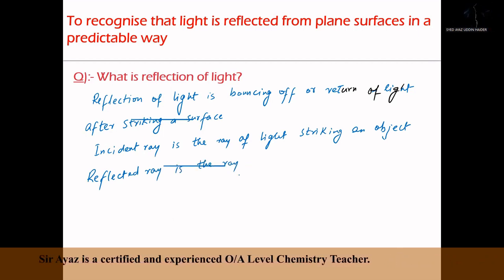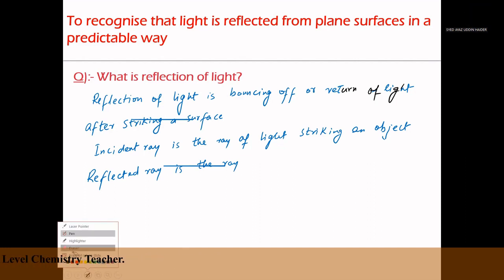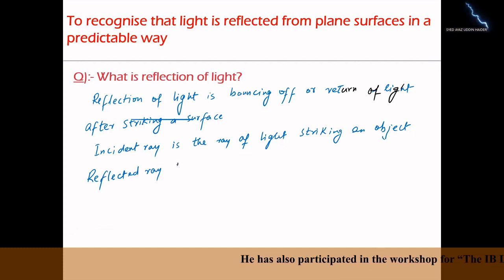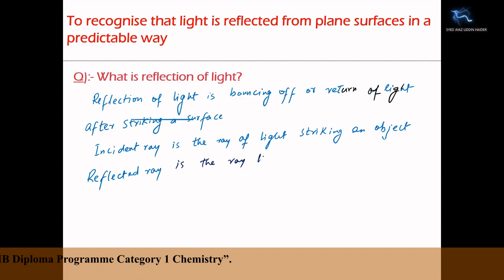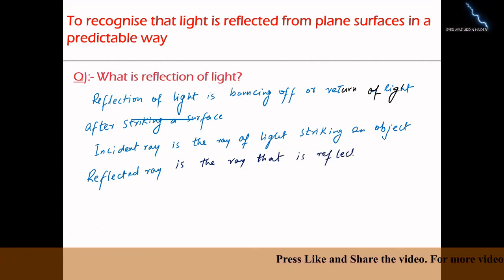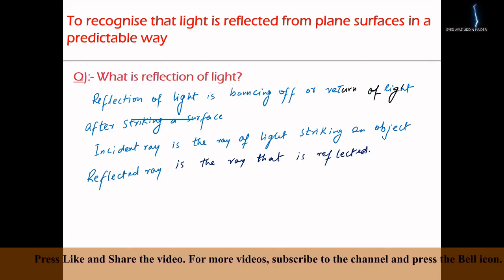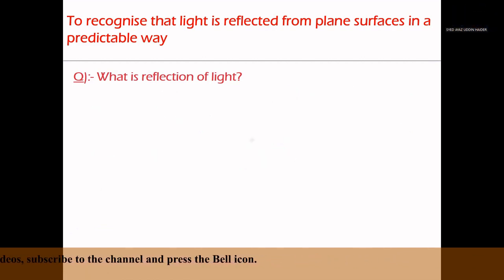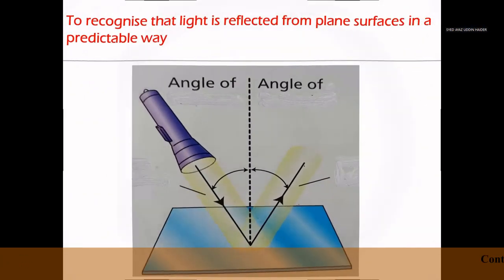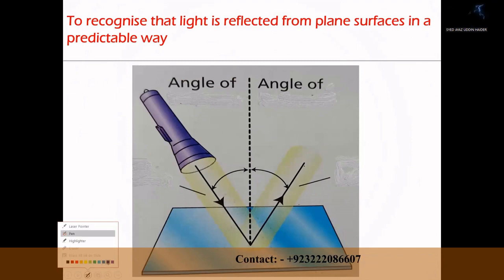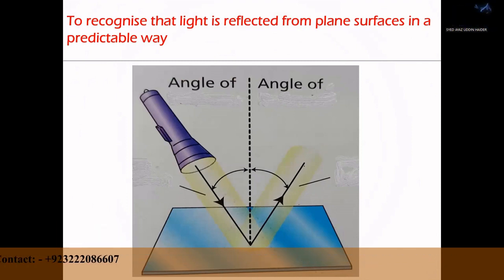The ray that is reflected. Normal is the line at right angle to the surface where a light ray strikes.